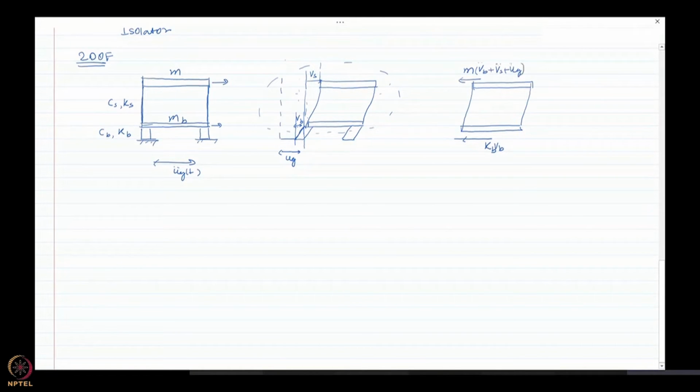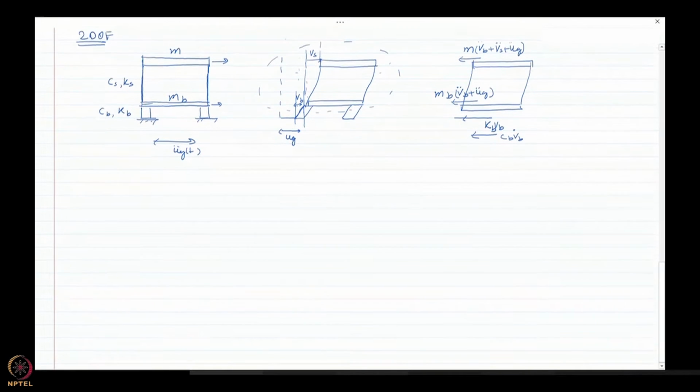And inertial force on the mass below, Mb, would be Mb times Vb plus Ug acceleration. Are there any other external forces acting on it? No. But because we are considering damping now, we also need to consider the damping force in the isolation layer. And it would be simply Cb times the relative velocity, which let me denote by Vb dot.